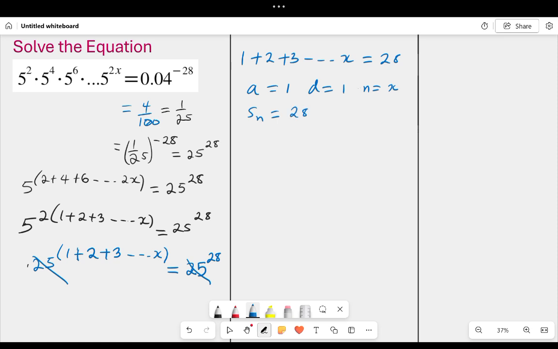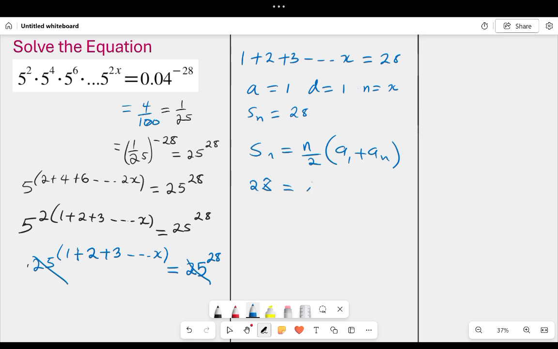Now we are going back to the sum formula. Since we know the nth term, we are going to use this formula. The sum of n is equals to n over 2 into brackets a1 plus an, or the nth term. So the sum, we know it's 28, is going to be equals to n over 2.